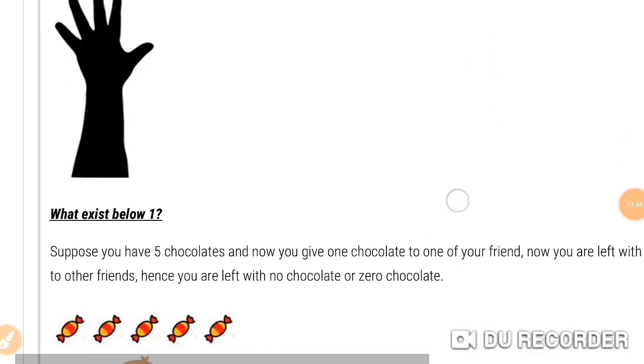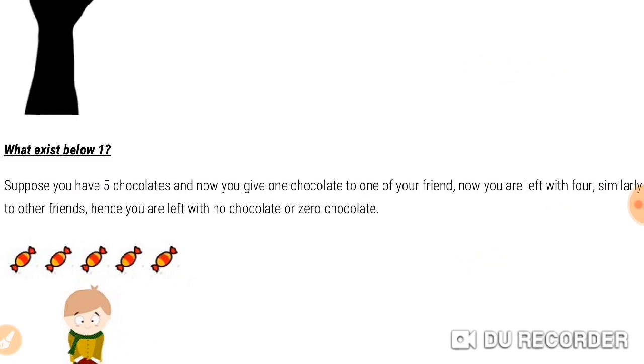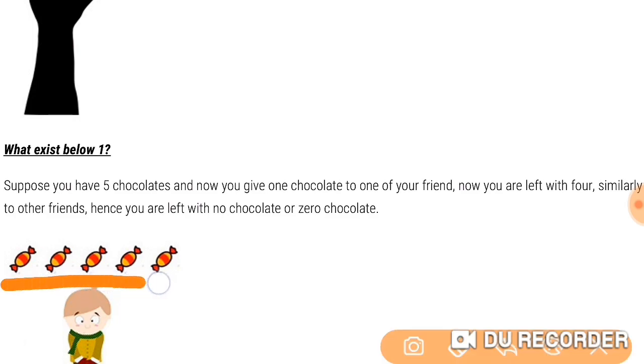We can see this by the example of this question. Suppose you have 5 chocolates. Now you give one chocolate to one of your friends. You are left with 4. Similarly, again you give all the leftover 4 chocolates to another friend.